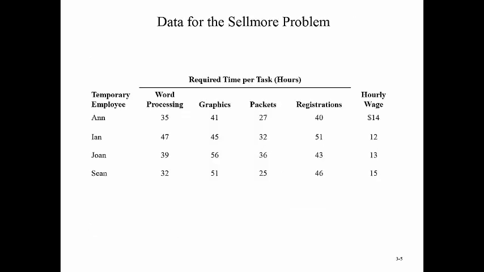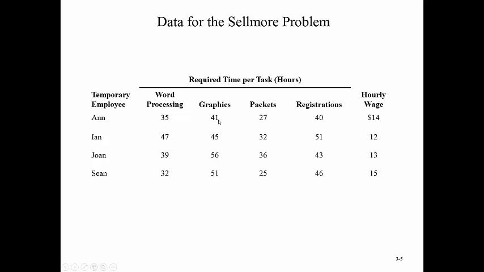So again, they have given this in this case 4x4 matrix of the amount of time in terms of hours to do each of the respective jobs, and you can see it varies quite a bit. So for example, Joan takes 56 hours to do the graphics, but Ann takes only 41 hours.